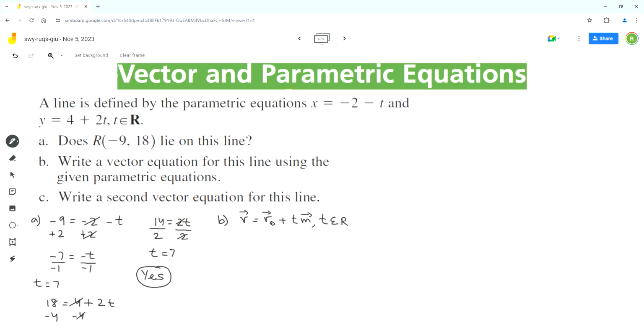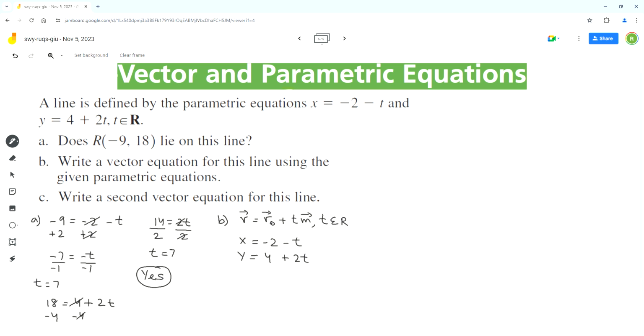Now we are given the parametric equations. So we can find the position vector of a point that lies on this line from the number terms in the x and y equations.